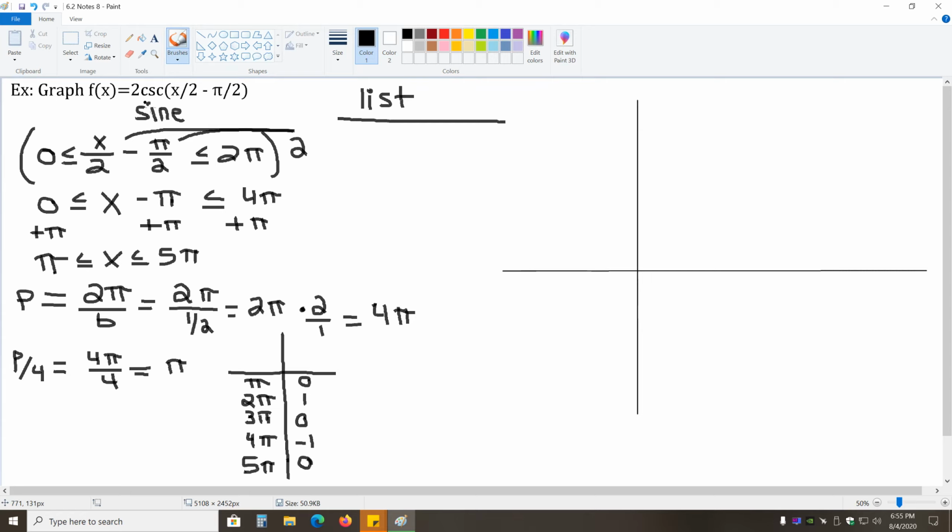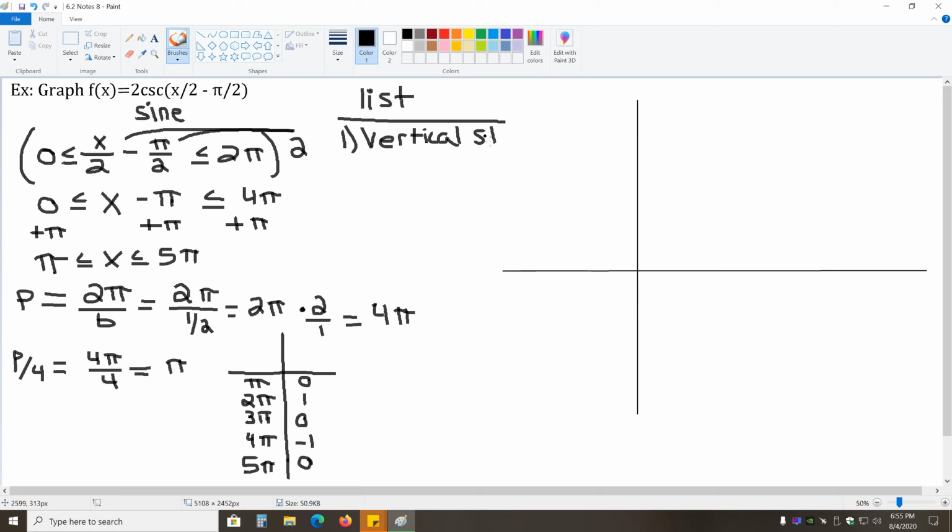So we check, are we multiplying the outside of our function by a negative? No. So there's not a vertical reflection. Are we multiplying by a number between 0 and 1? No. So there isn't a vertical shrink. Are we multiplying by a number greater than 1? Yes. So there's a vertical stretch. That's our first type of vertical transformation.